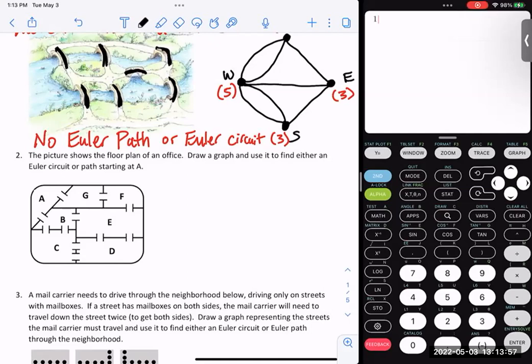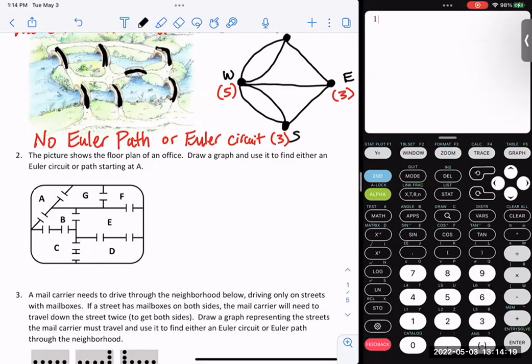On floor plan problems, you want to make sure that each of your locations is your vertex, and then each of the ways that you travel between locations would be your edges. So in this case, the places I'm trying to get to would be the rooms. So each room will be a vertex. And then how do you travel from room to room? You go through doors.